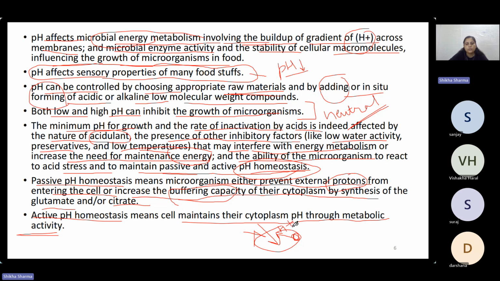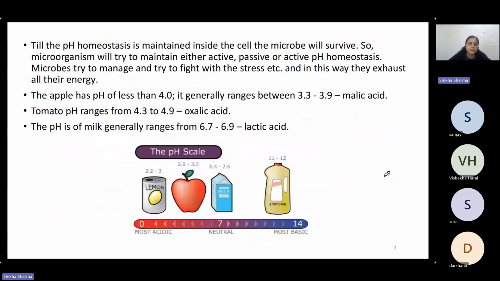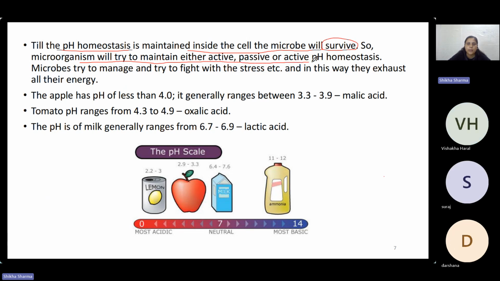This is a very exhaustive process for the microorganism when the pH is very low or very high. As long as the pH homeostasis is maintained inside the cell, the microorganism will survive. So the microorganism will always try to maintain the pH through either active or passive pH homeostasis.